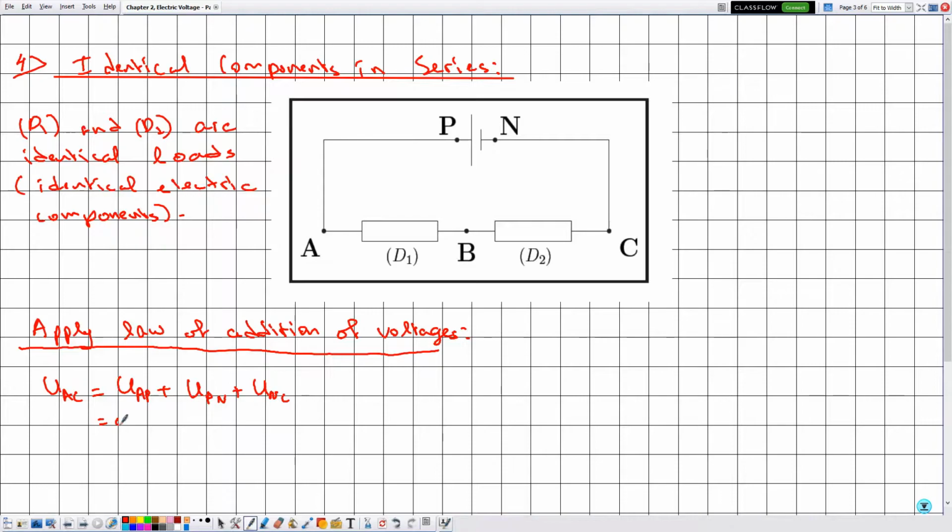And here in this case UAP is equal to 0, and the reason is given by a connecting wire. So let's keep UPN as a variable, and UNC is equal to 0, and the reason is given by a connecting wire.